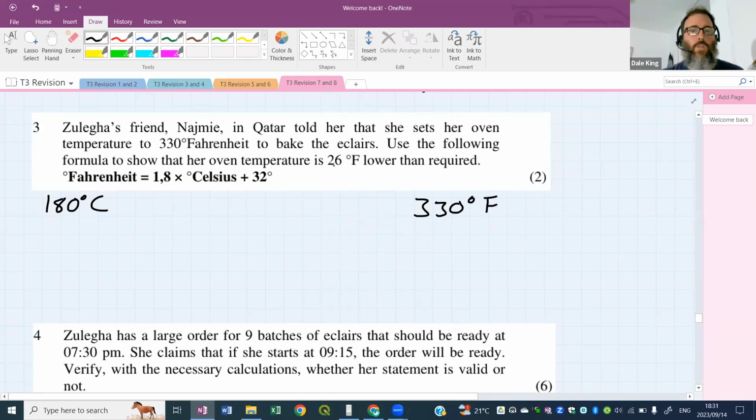Okay, so we've got to compare these two. We can't compare degrees Celsius with degrees Fahrenheit. So we've got to convert one of them.